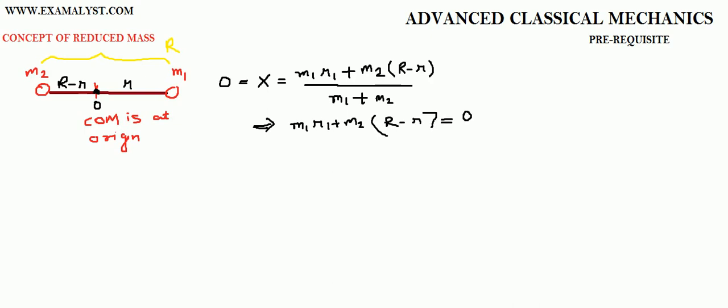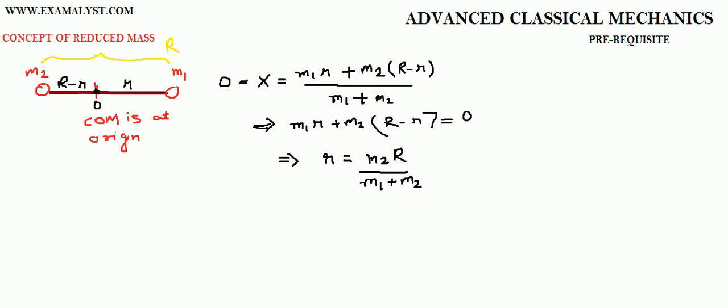Okay. So from here what I want to do is write r in terms of capital R. Oh, sorry, there will be no r1, there will be only r. So the small r can be written in terms of capital R as m2 R divided by m1 plus m2.